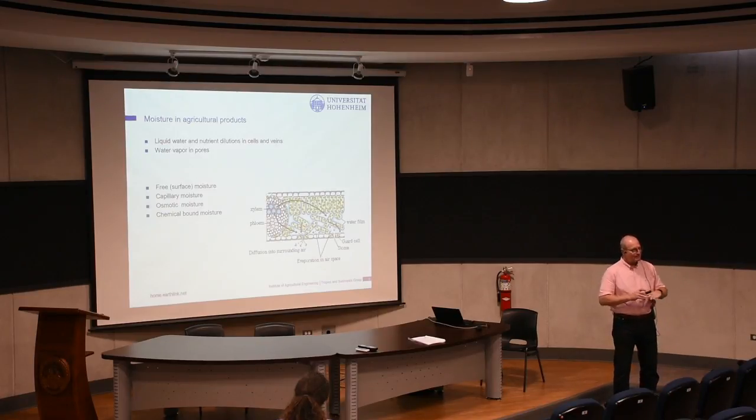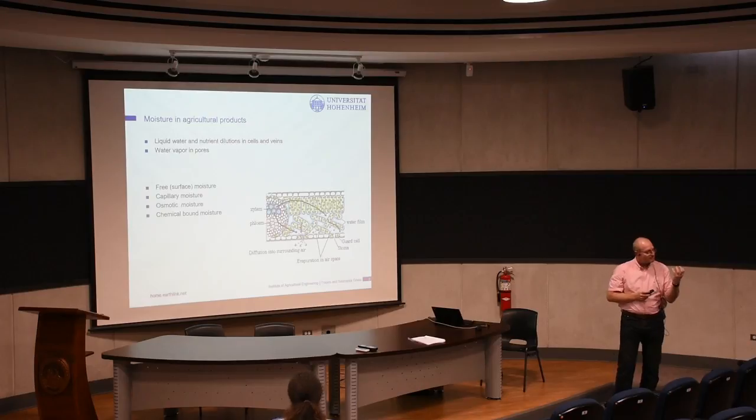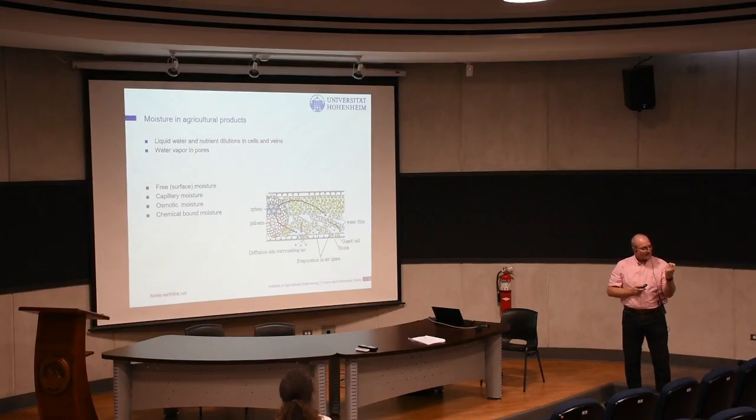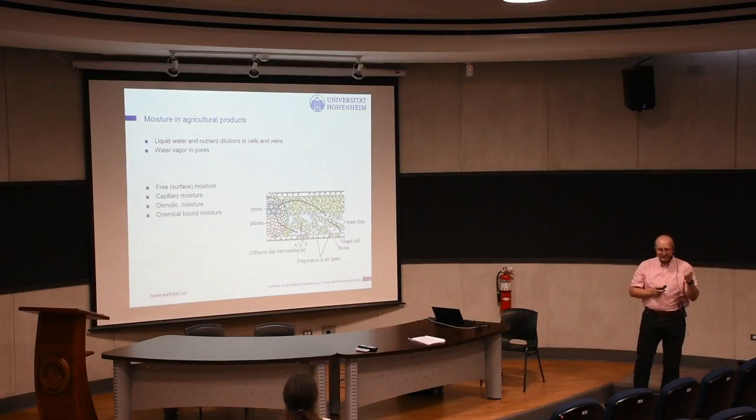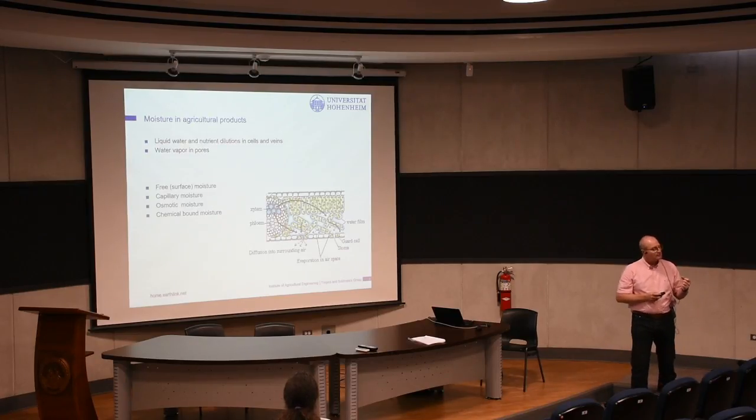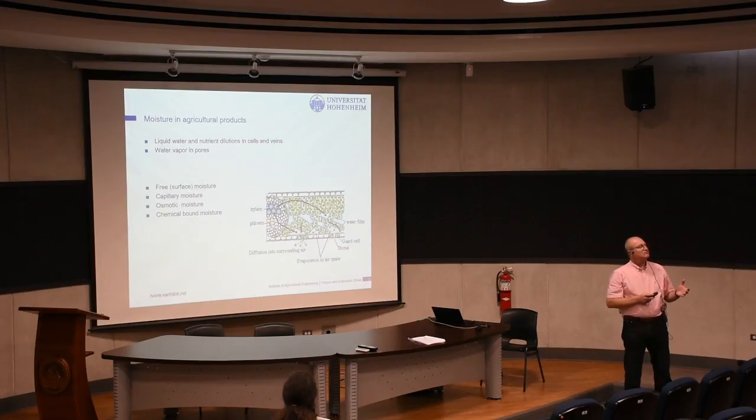Maybe you remember school time with two capillaries in a water bath, the fine one, and the column was higher than in the thick one. That's the effect. The capillaries by surface tension are binding the water. Osmotic moisture is bound to, let's say, sugar and starch, and this depends on the concentration of sugar and starch.